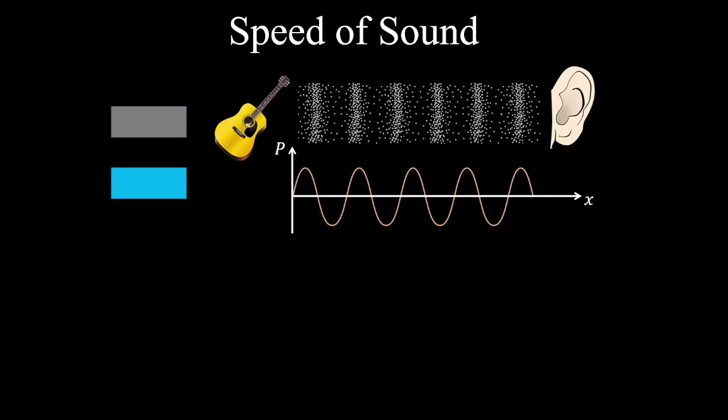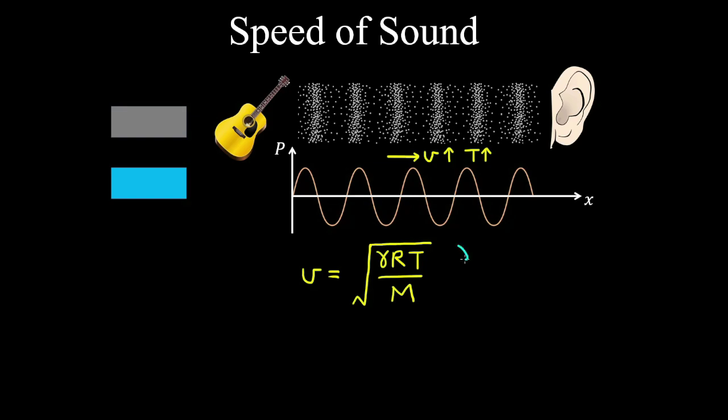In a given medium, the speed of sound increases with the temperature of the medium. So the speed of sound in a gas medium, like air, can be derived using the wave equation, and it's equal to the square root of the adiabatic constant by the universal gas constant by the temperature of the medium over the molecular mass of the medium.